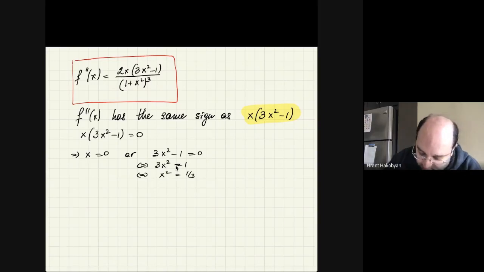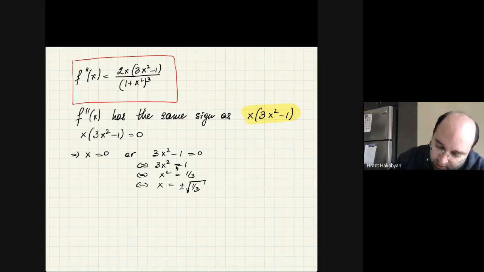But that's the same thing as saying that x is equal to the square root of 1/3, plus or minus, right? So those are my roots. My roots are x equals 0 or x equals plus or minus 1 over root 3.